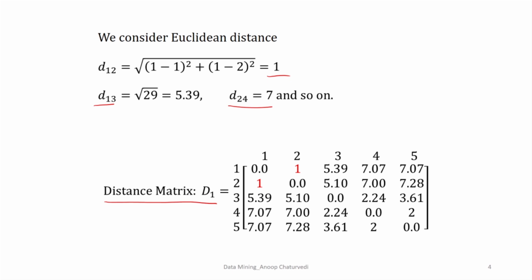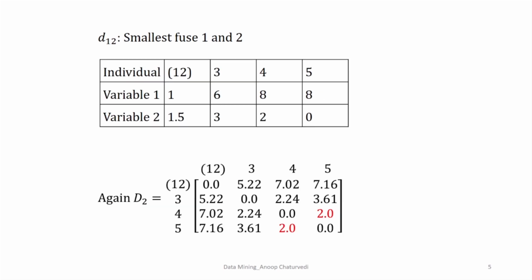Now, we find the minimum distance. The minimum distance is 1 and this distance is between individuals 1 and 2. So, in the first iteration we merge individuals 1 and 2. So, since d12 is smallest, we fuse 1 and 2.